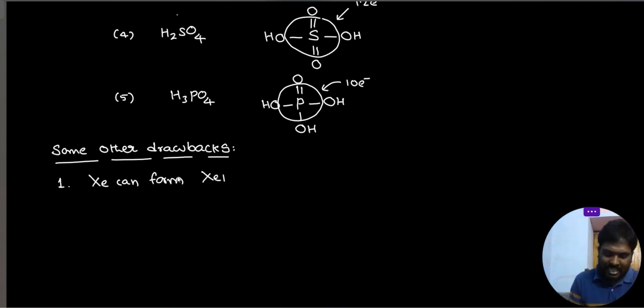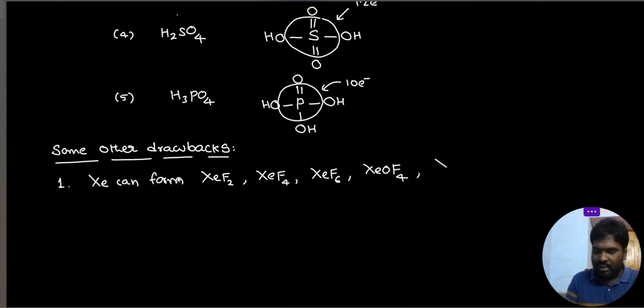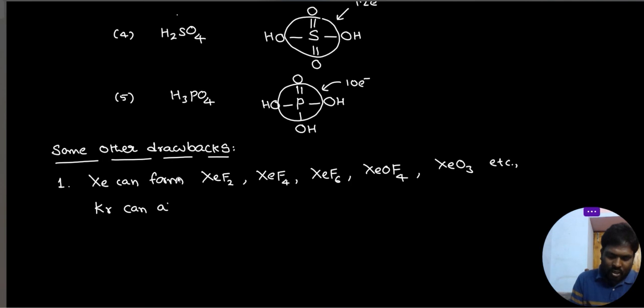Xenon can form XeF2, XeF4, XeF6, XeOF4, XeO3, etc. Similarly, krypton can also form KrF2.